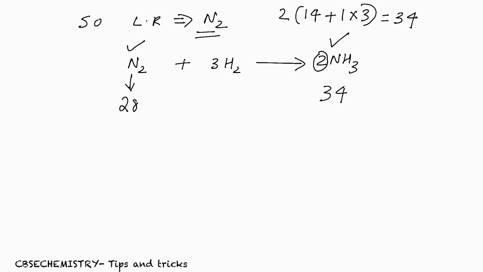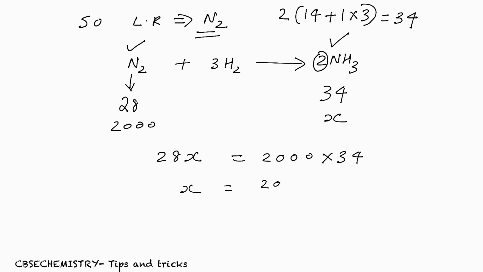Now, how much nitrogen do we have? We have 2000 gram of nitrogen. And how much ammonia will it give? We have to calculate it. So cross multiply: 28x is equal to 2000 into 34. So x is 2000 into 34 by 28. You can calculate it, and you will get 2428.5 gram.